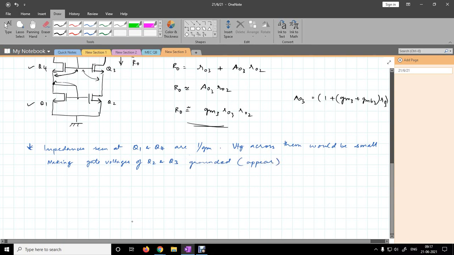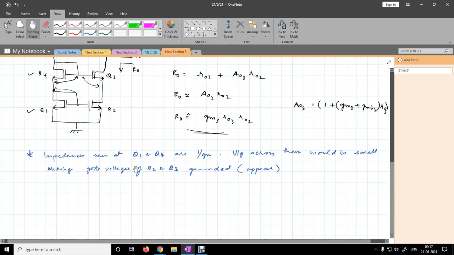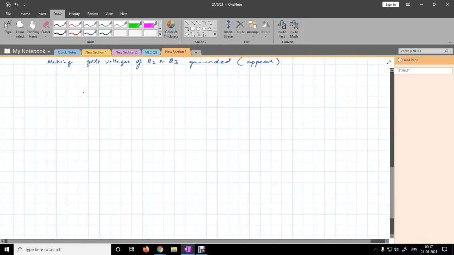But the problem with this circuit is the gate voltage at Q3. If I draw a normal current mirror like this, this is V naught, this was grounded, this was I naught. So this was VGS, this is VDS.